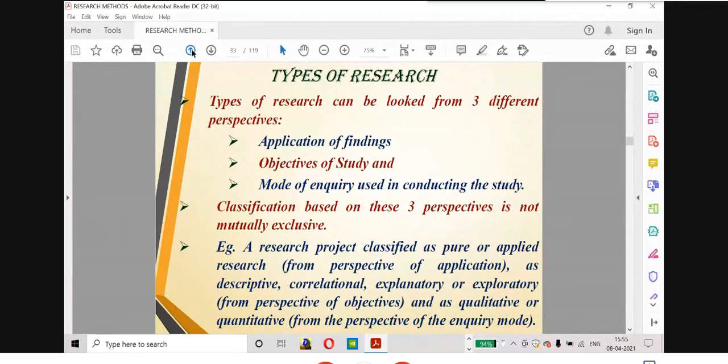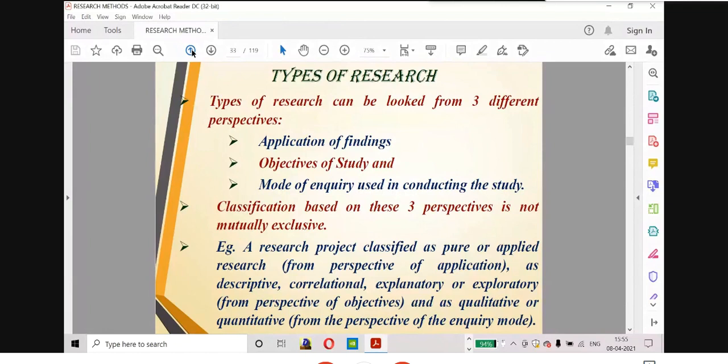See, a researcher is looked at from four different perspectives. One, as a service provider. Second, as an administrator. Third, as a consumer. Fourth, as a professional. In the same way, your research can be viewed from three different perspectives.